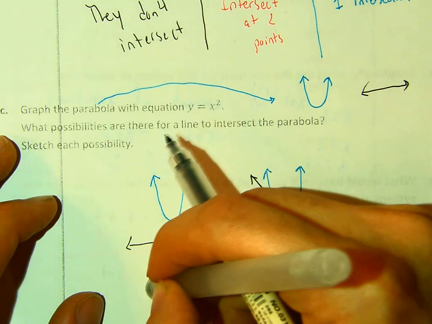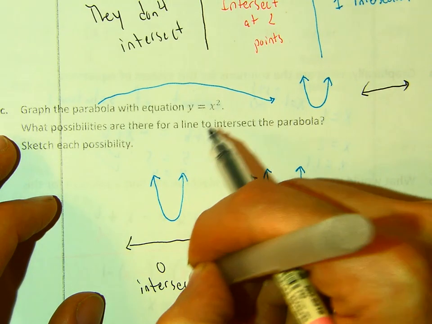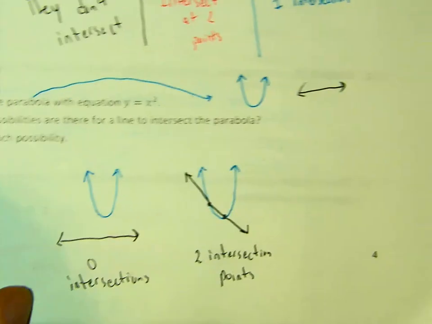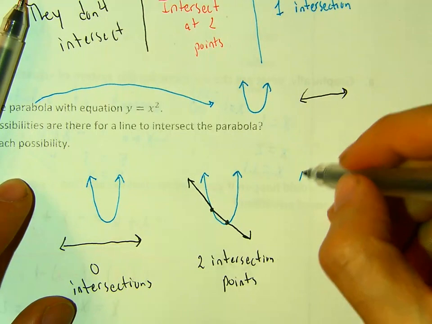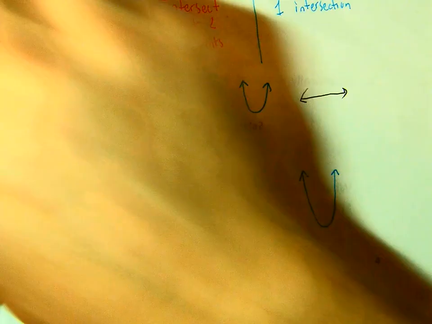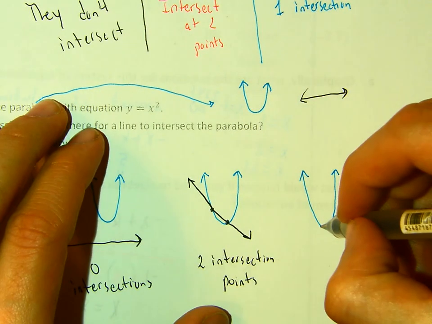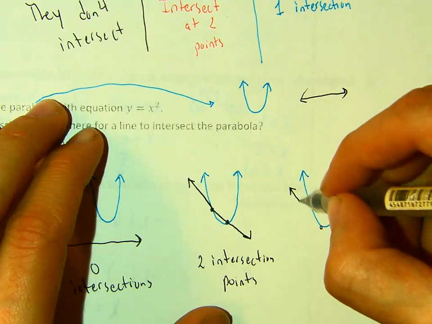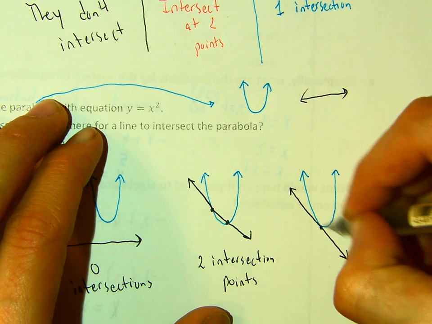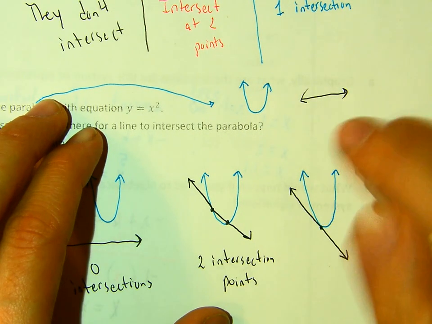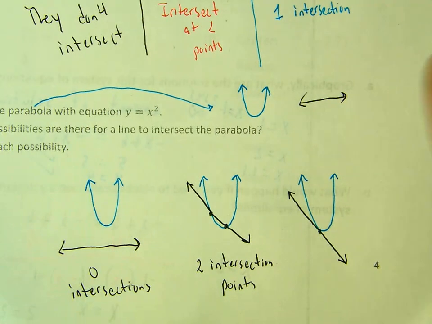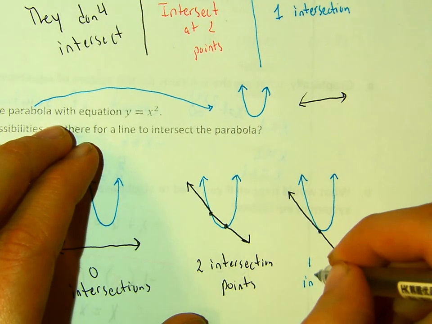This is 0 intersections. And what else could happen? You could have a line, and what I tried to draw before is a line that is tangent. Notice how here this line hits the parabola at just 1 point. Okay, so this is one intersection point.